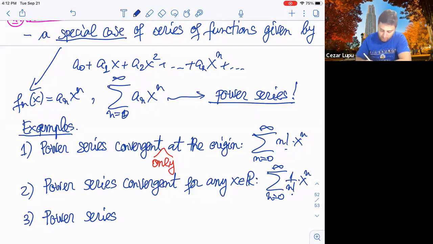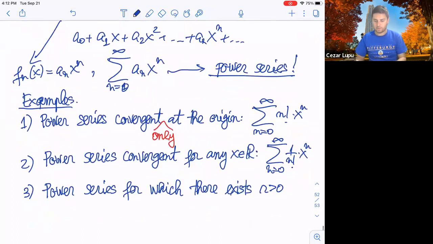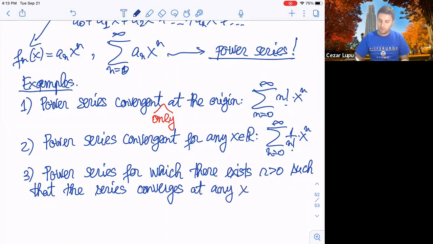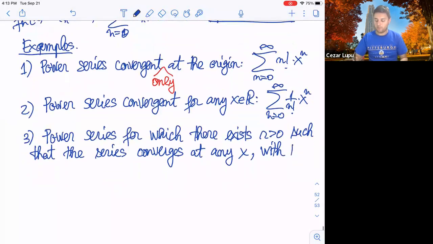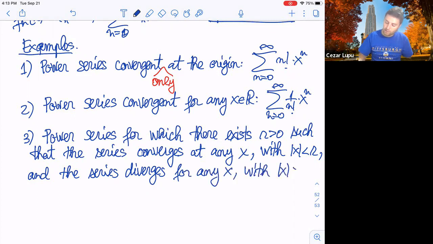All right, so let's write this. So power series for which there exists positive r such that the series converges at any x with x in absolute value less than r, and the series diverges for any x with x in absolute value greater than r.